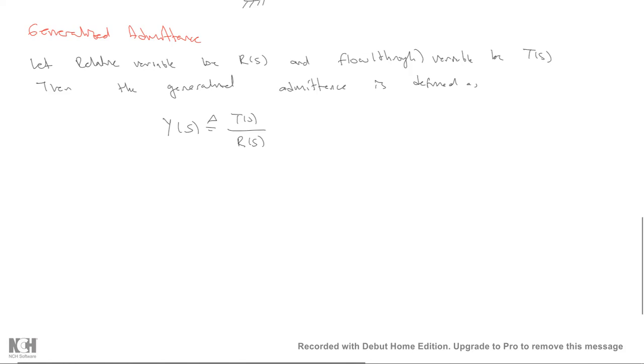This is the definition. Similarly, I can define the generalized impedance, let's call it Z of S, equals 1 over Y of S, or R of S over T of S. For node equations, we are going to use generalized admittances.